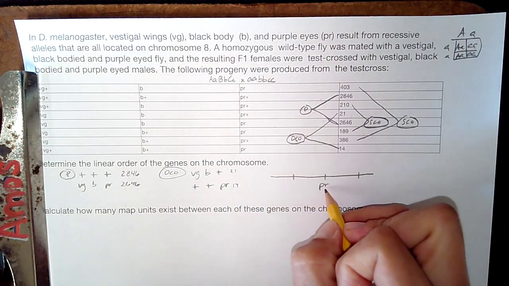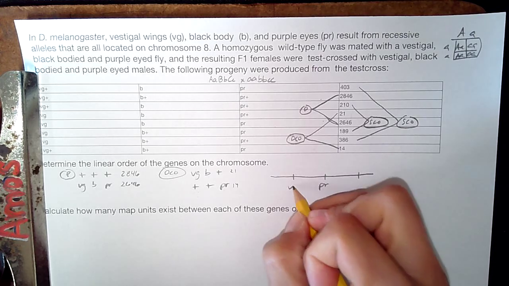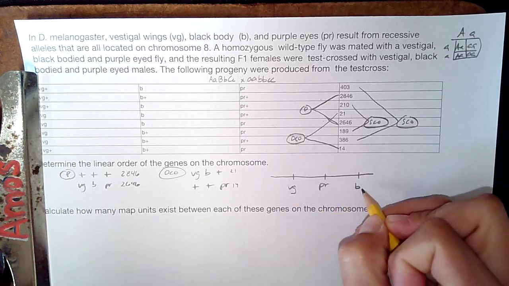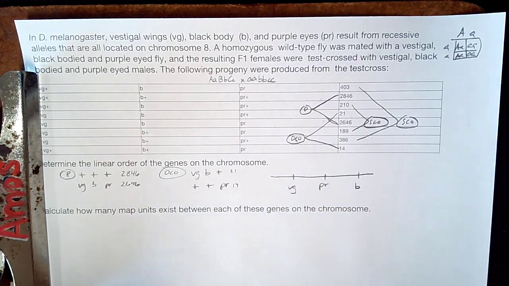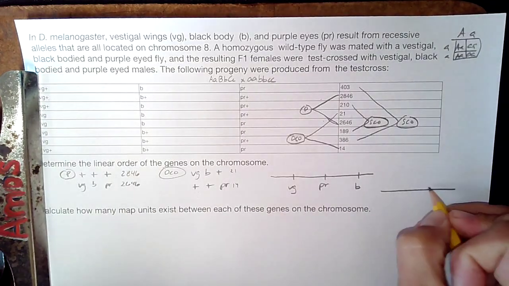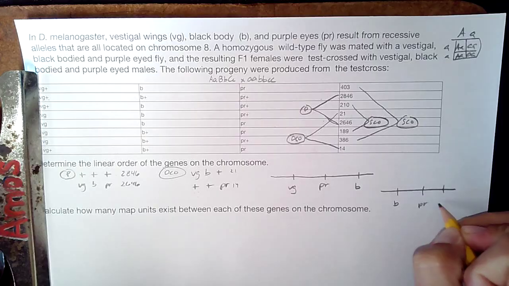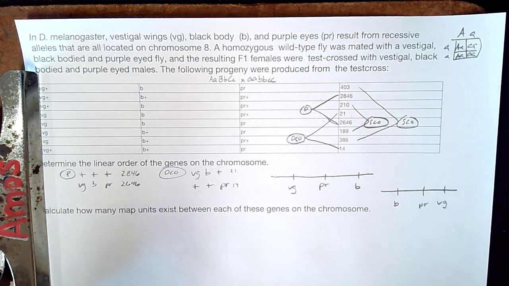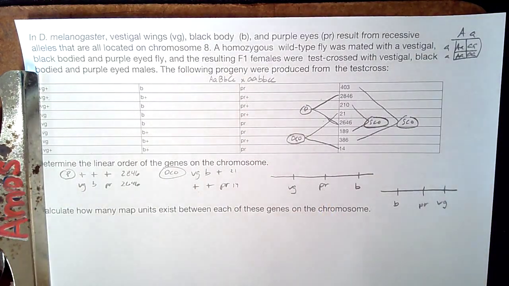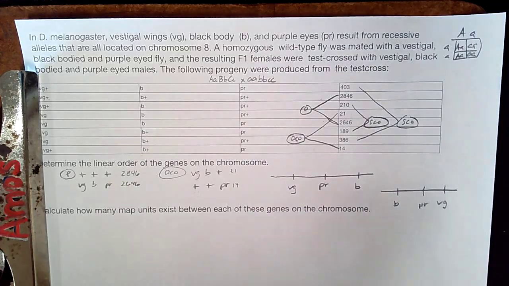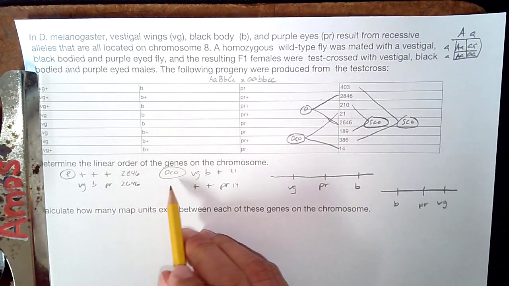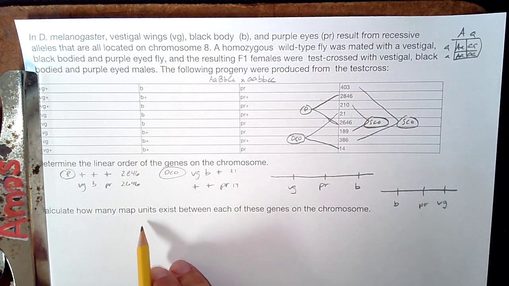So PR has to be in the middle. Now I could just put V, G, and B wherever I wanted. You could have also done it like this and said it goes B, and then PR, and then VG. That's also correct. The important thing, again, is that PR is in the middle. Okay? So that's how I'm going to figure out the linear order: I compare the parents to the double crossover events. Now I've got to get the map units.